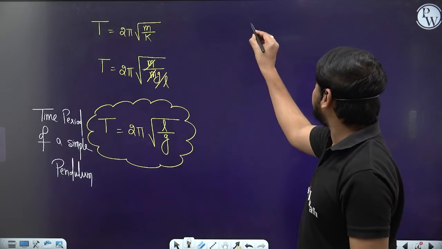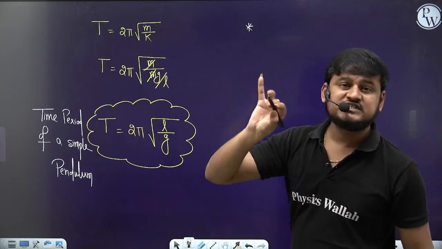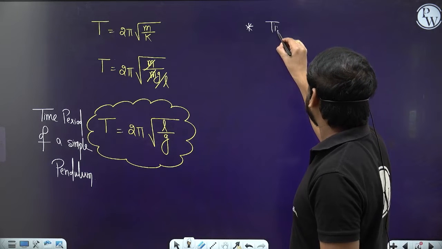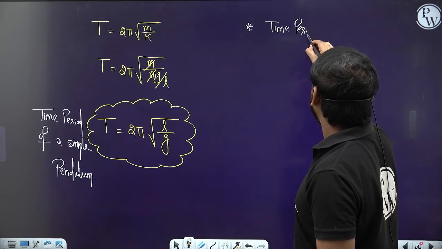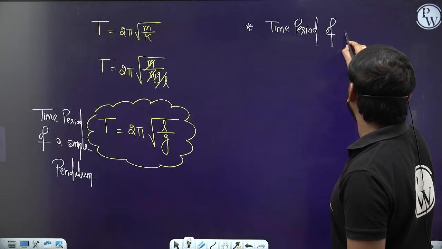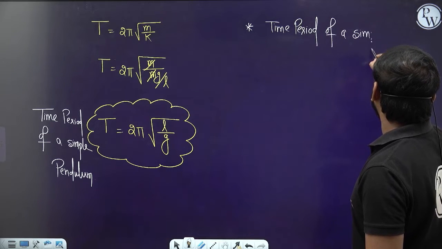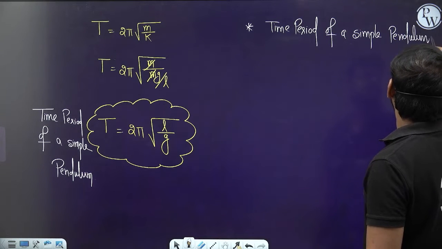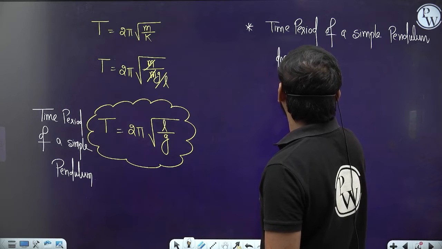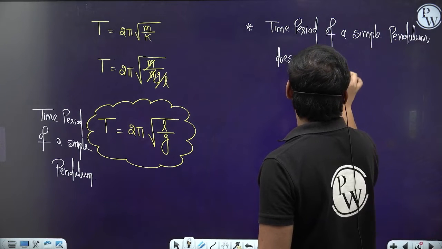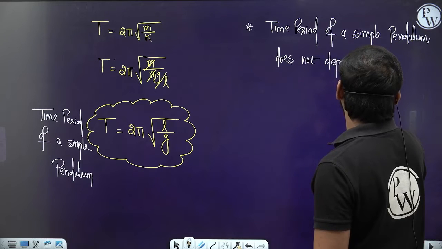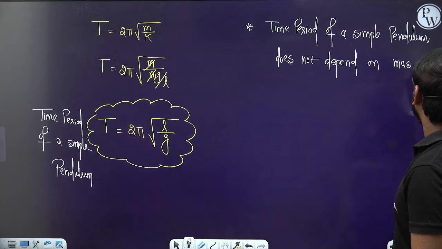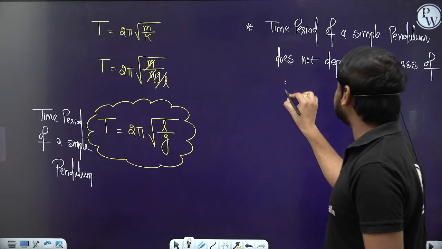First, the main point: the time period of a simple pendulum does not depend on the mass of the bob. It is independent of the mass of the bob.